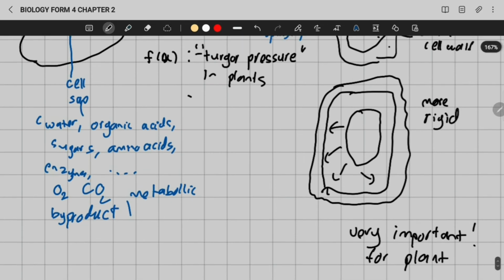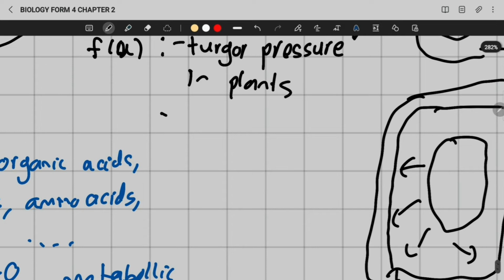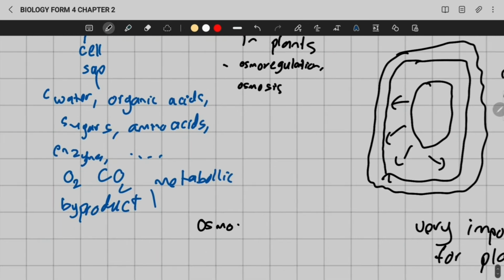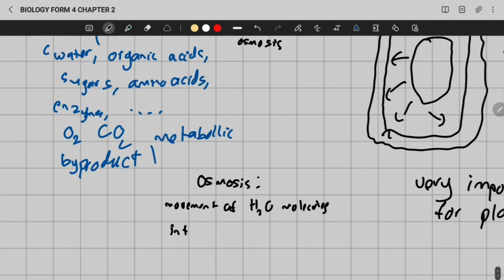Another function in both animal and plant cells is osmoregulation, in which the balance of water inside and outside the cell is maintained. The osmosis. I think it is a new term for you, osmosis. What is osmosis? Osmosis is the transport or the movement of water molecules into or out from the cell.